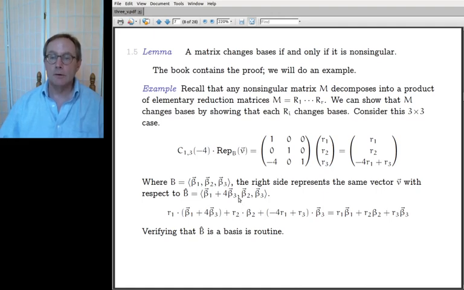R2 times beta 2, that's the second thing here. Minus 4 R1 plus R3 times beta 3, and when you add it all up, it adds up to what it's supposed to add up to. Verifying that B hat is a basis is routine, that's what the proof has to worry about. That if B is a basis, then B hat is a basis. Checking that it's linearly independent and that it spans the space is routine.